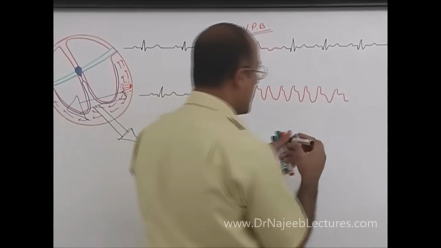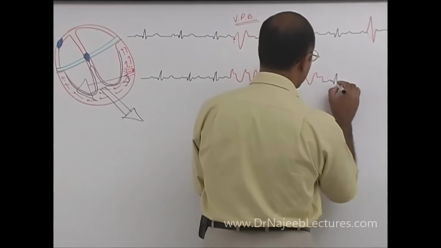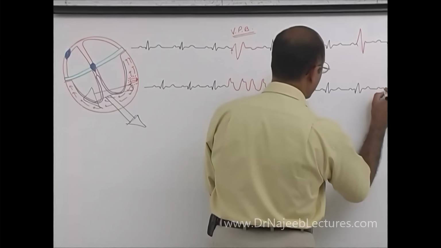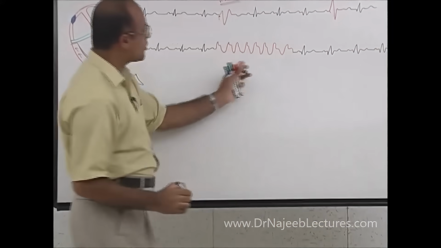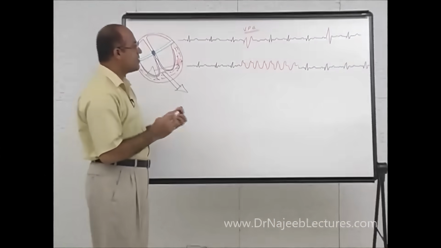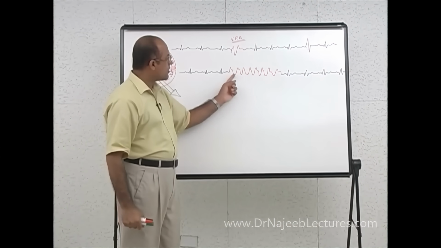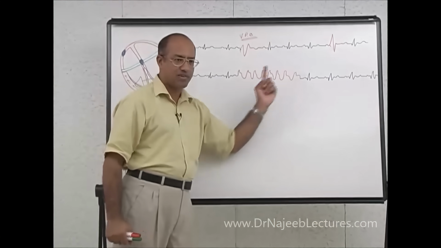And then again a normal pattern starts. Now in this particular case, we say that there is one ectopic focus. Attention please, look here, all of them have the same morphology. So one ectopic focus has fired many times repetitively.